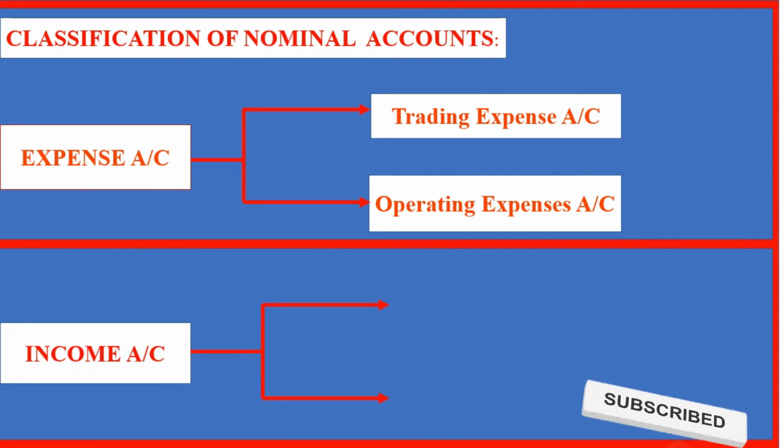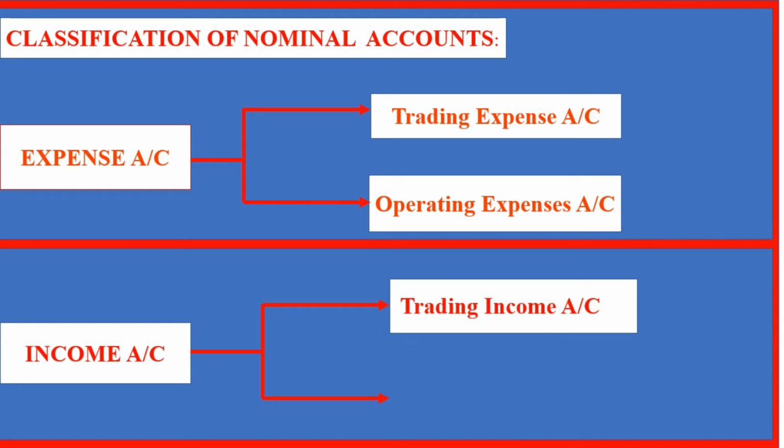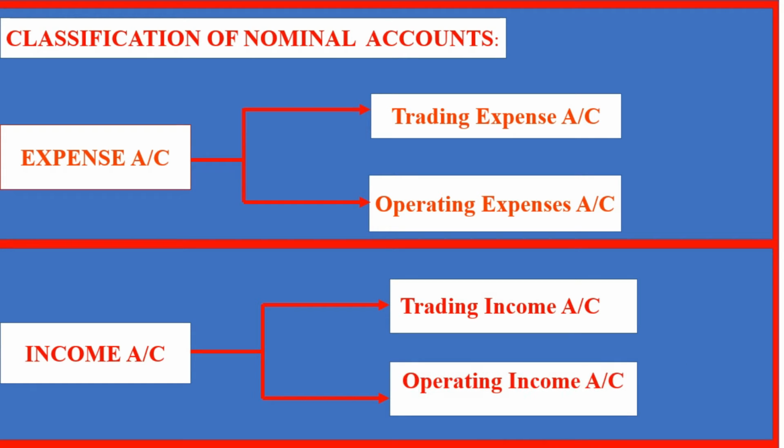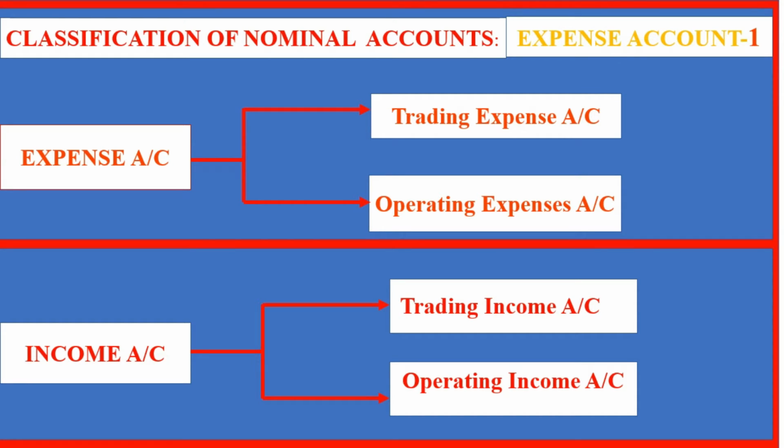And number 2, we have the income account, which is similarly classified further into 2: the trading income account and the operating income account. In our discussion today, we are focusing on the expense account perspective.